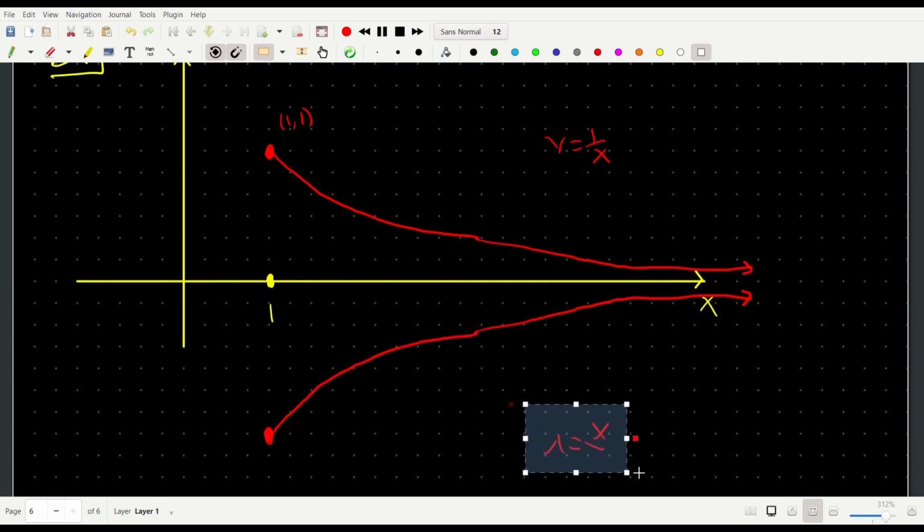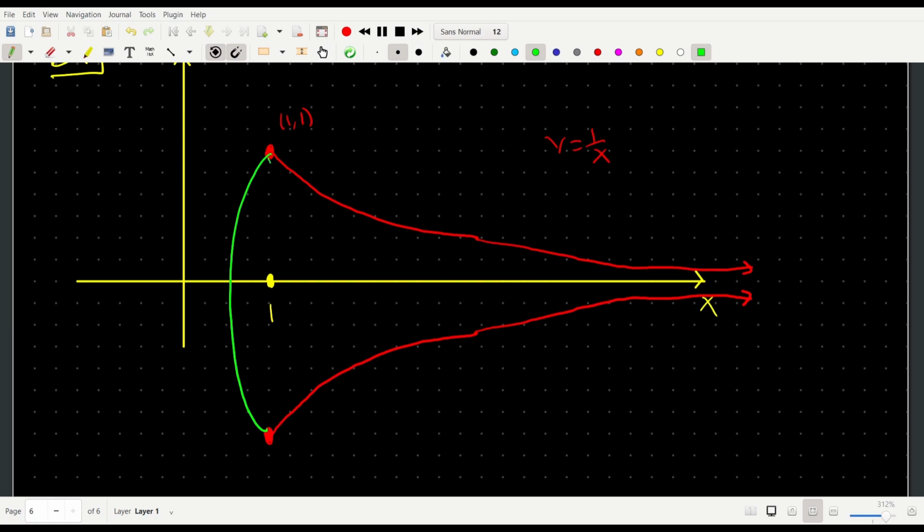So the resulting shape is going to look very similar to this, where the cross sections of this shape are circles. So this is what we get when we revolve around the x-axis here.